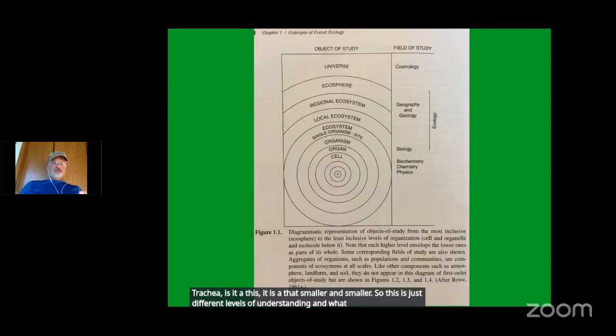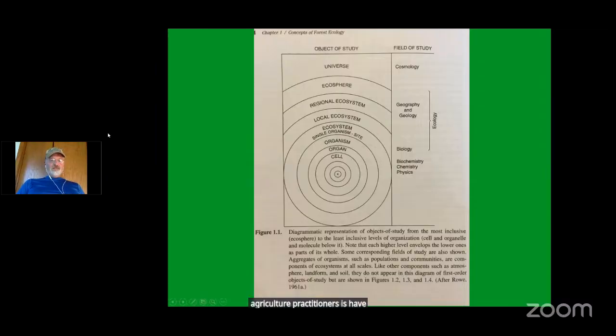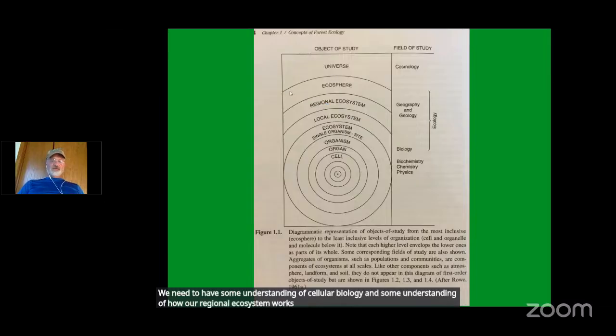And what we want to do as restoration agriculture practitioners is have an understanding of all of these levels. We need to have some understanding of cellular biology and some understanding of how our regional ecosystem works, how the whole ecosphere works, because what ties in up here is weather and climate.